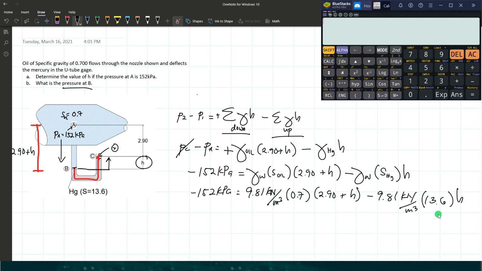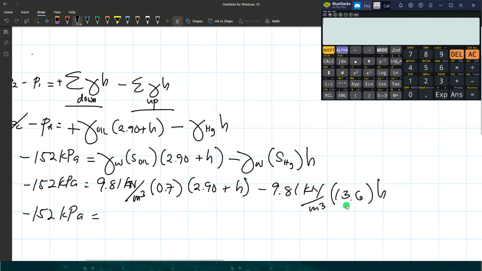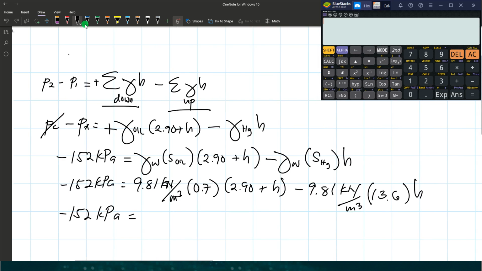Let's simplify the equation by evaluating first the other terms. 152 kilopascal equals, we multiply first 9.81 by 0.7, which is 6.867.